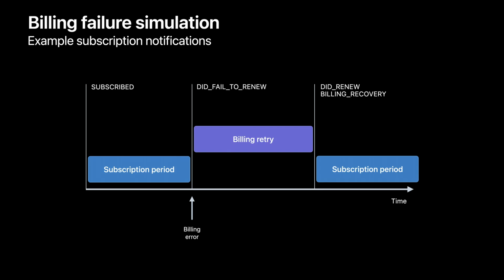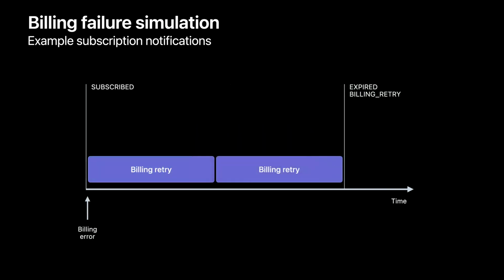If you disable billing failure simulation before we stop trying to recover the renewal of your subscription, the next renewal attempt will be successful, and you will receive a did renew notification with subtype billing recovery. If we reach the limit for retry attempts and billing failure simulation is enabled, the subscription will expire and you will receive expired with subtype billing retry.